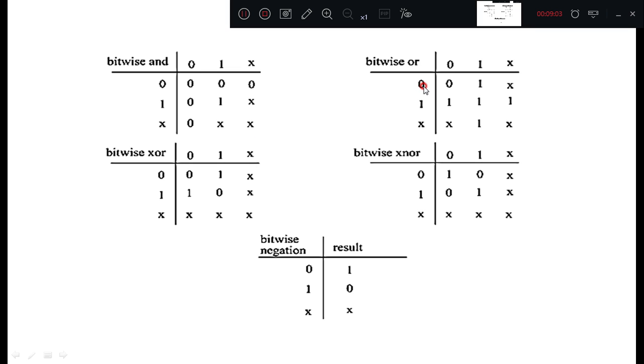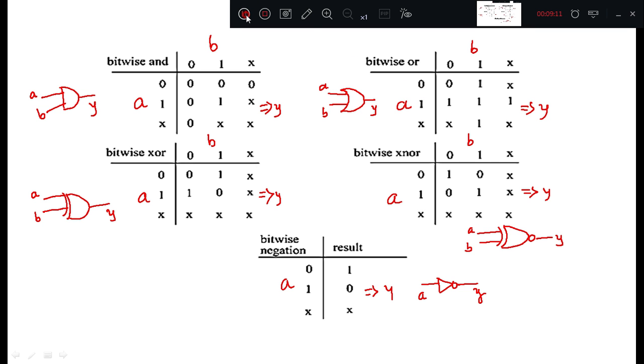Similarly, you can analyze the OR gate here. You can observe there are 2 inputs A and B, and Y is the output. A can take value 0, 1, x, and B can take value 0, 1, x, and the values written within the block, as a matrix, are the output values. When 0, 0, output will be 0; 0, 1, output will be 1. When A is 1, B is 0, output is 1.